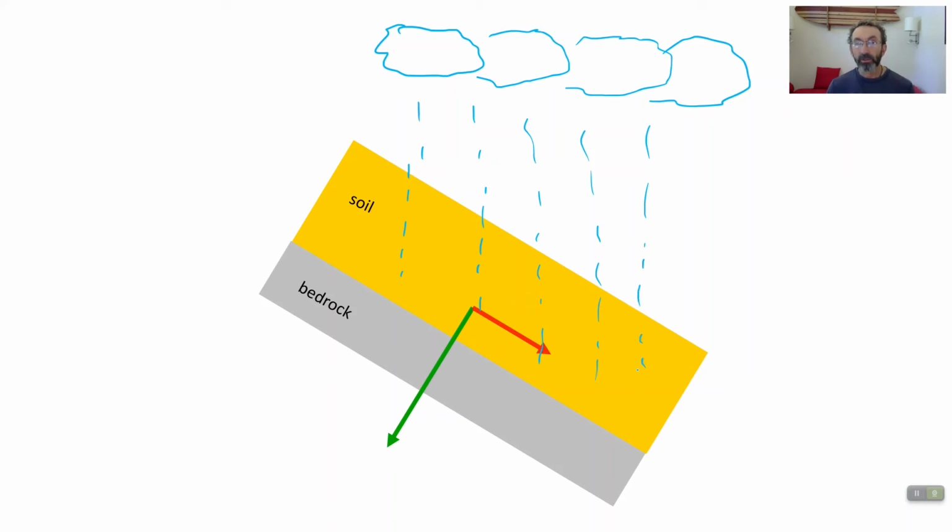But when that water hits the bedrock, it's going to start pooling up on the bedrock surface. And the reason for that is that bedrock has a much more difficult time allowing water to infiltrate than soil. So the water infiltrates easily into the soil, but then it hits the bedrock and it starts to collect there. And so you get what's called a perched aquifer.